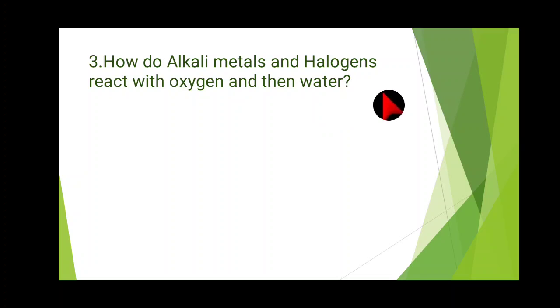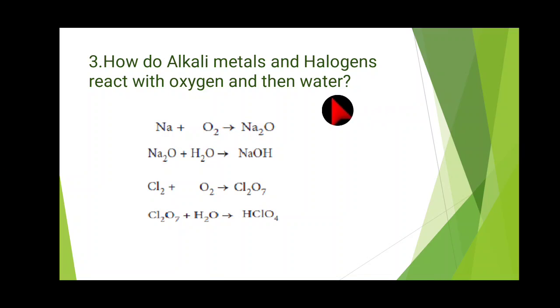Here I have taken one alkali metal, sodium. Sodium reacts with oxygen, and sodium oxide, Na2O, will form. Then the sodium oxide further reacts with water and gives sodium hydroxide, a strong base. Okay, the alkali metal reaction is over.